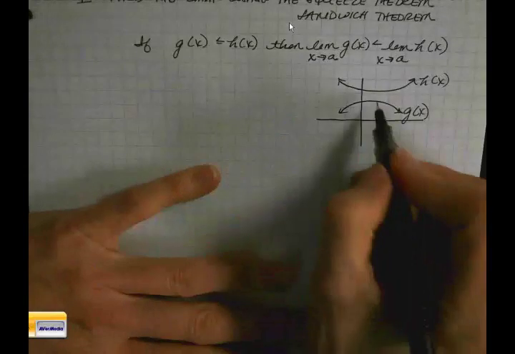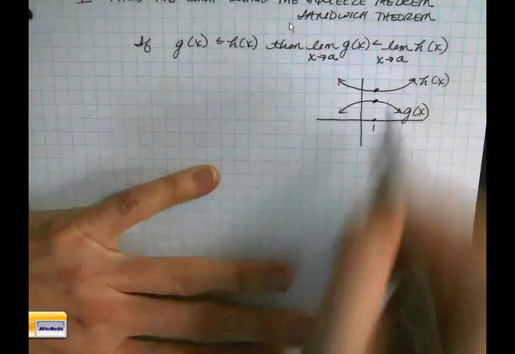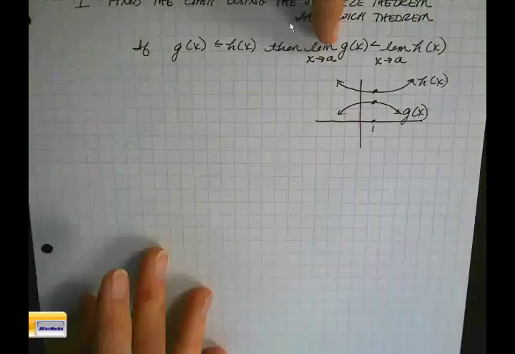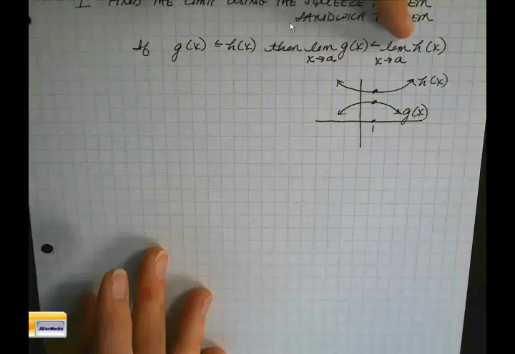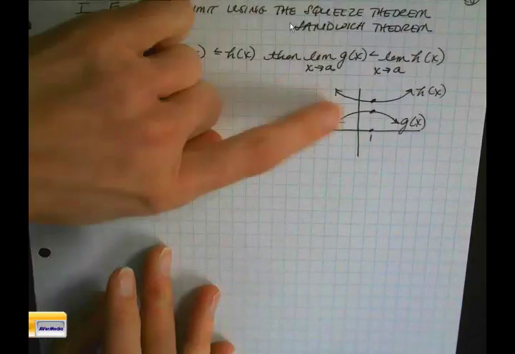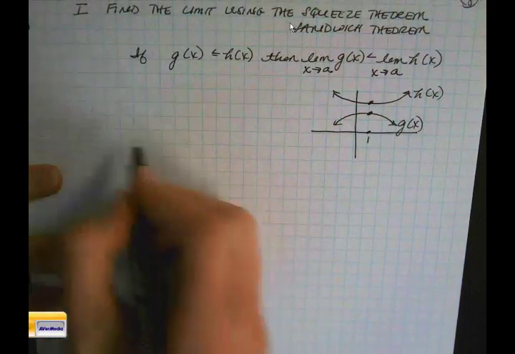Well, if you were looking for the limit, say here at 1, if g of x is always under h of x, then it would make sense that the limit would be less than h of x also. Okay, so it's logical. This is a lot of notation, so here's a visual of how and why this works.